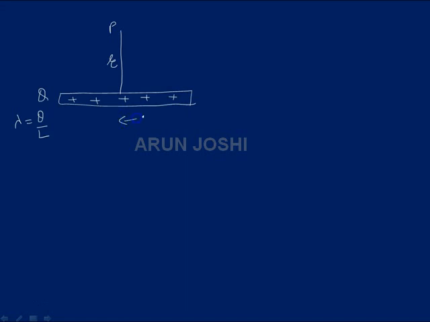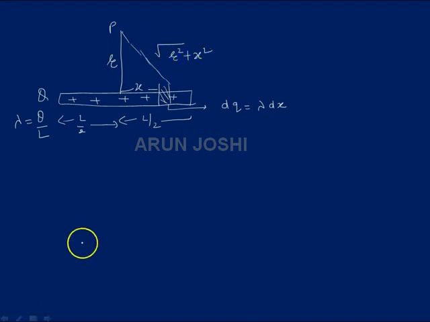This is L by 2 and this is L by 2. If we assume at a distance x an elemental charge of width dx, we can write dq equals lambda dx. And the distance between P and this elemental charge is root of r square plus x square. Now, what is dV?